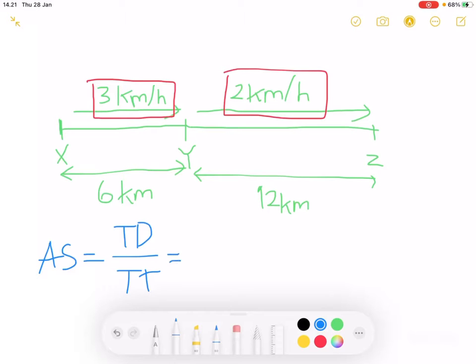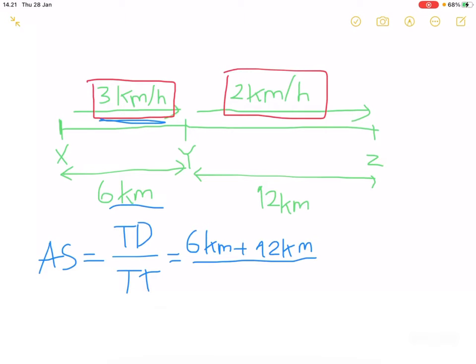We know our total distance is 6 kilometers plus 12 kilometers, we just sum them up. How about our total time? We cannot find any total time given directly. However, we can find it using our distances and our speeds, and I'll show you how.